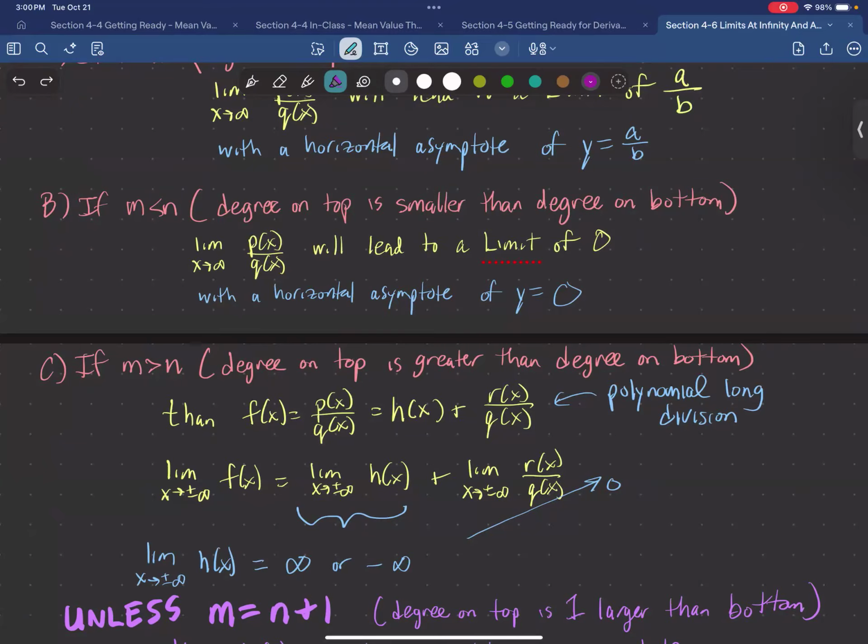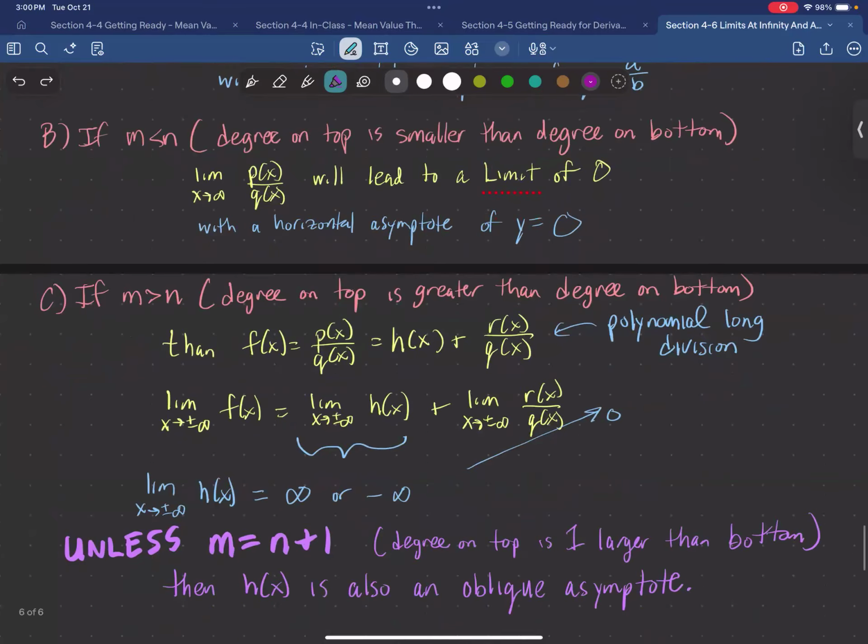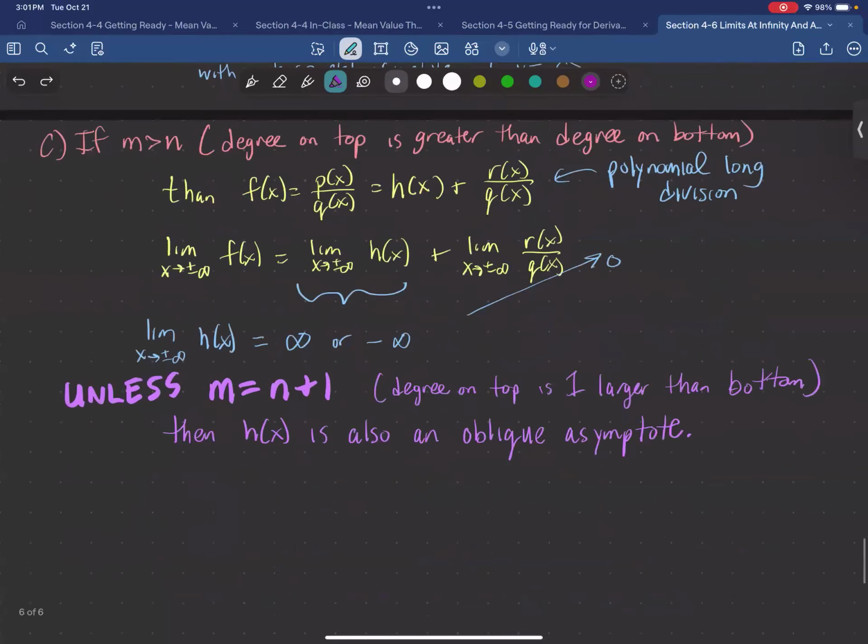So the degree on top is just 1 larger than bottom. h of x will also be an oblique asymptote in addition to the infinity or negative infinity. And that all depends on the behavior and the coefficients. You really want to do the limit and see how stuff plays out. Don't just take these as shortcuts.